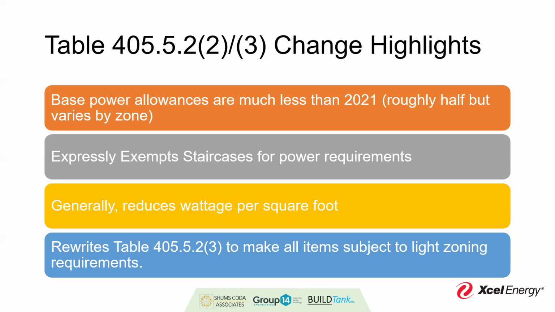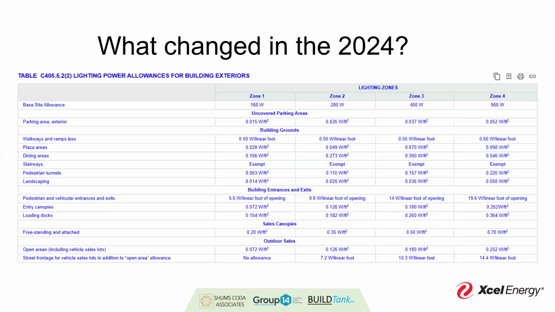One of the things worth highlighting here is that the 24 expressly exempts staircases from these power allowance requirements. I'm just going to jump back a couple of slides so everybody can see that. That is this item right here, stairways. And you'll notice in each of these, it is expressly exempted.